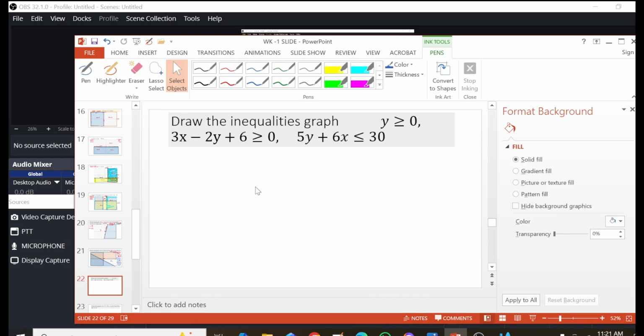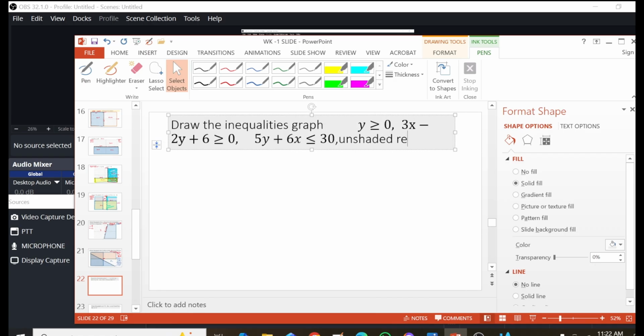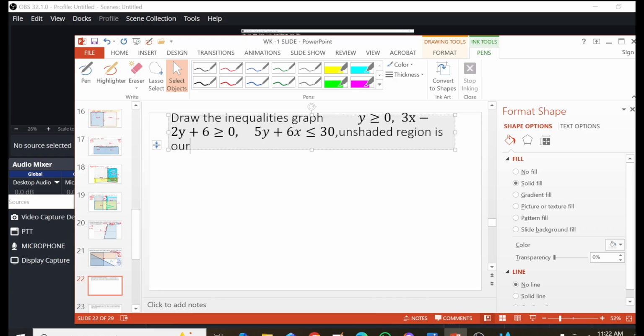Let's go for one more question. Draw the inequality graph of this. The graph of this. And the unshaded region is our required solution. So we are using the unshaded region as our required solution.